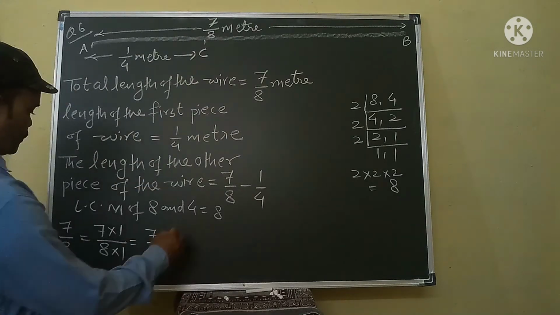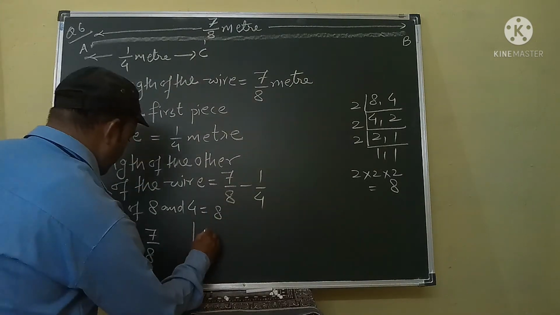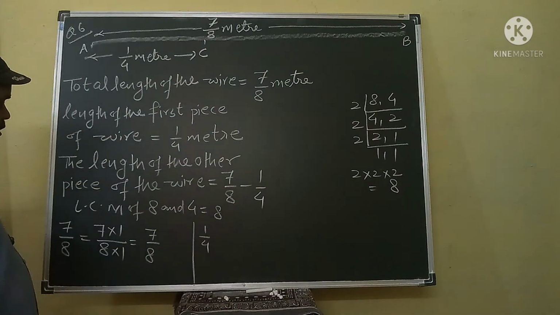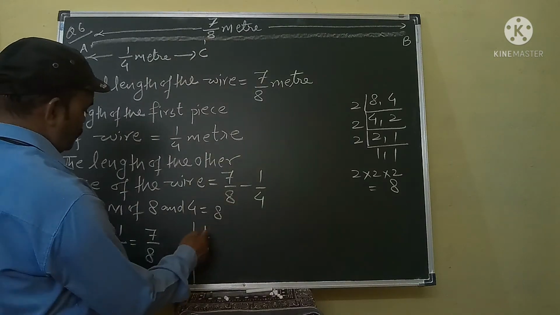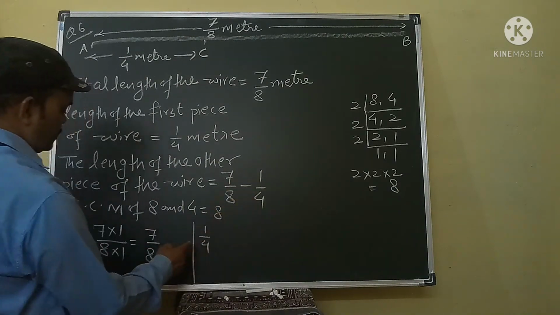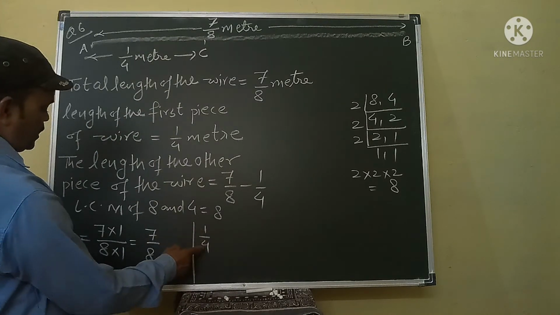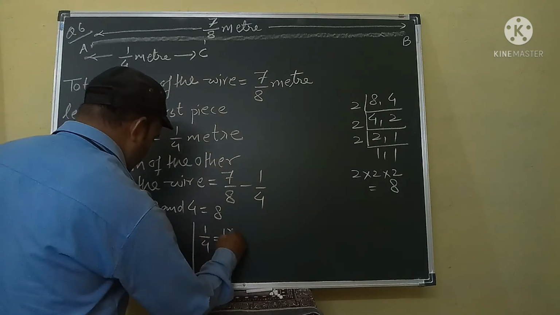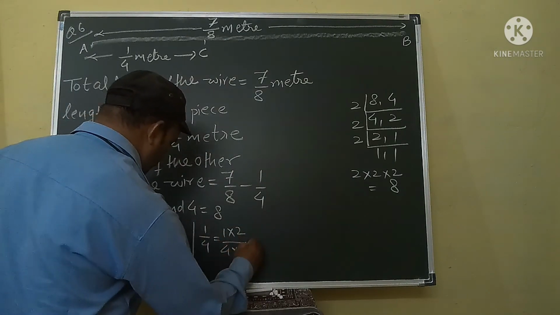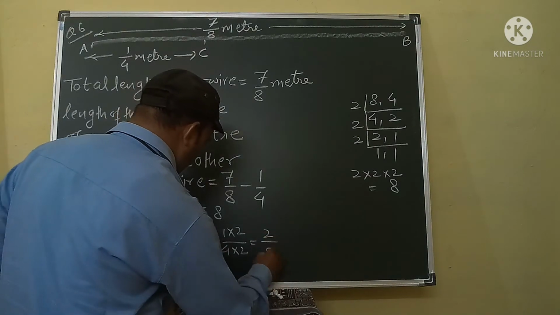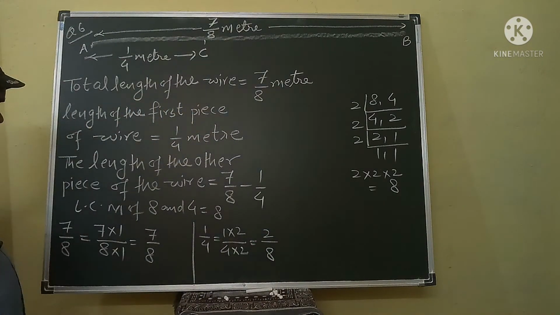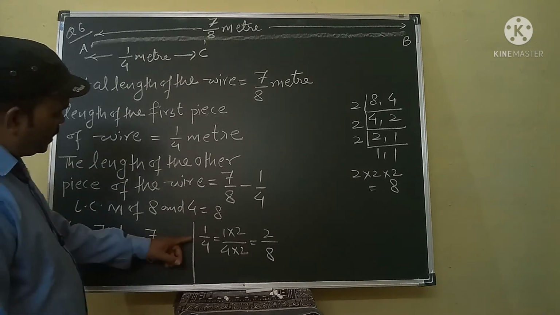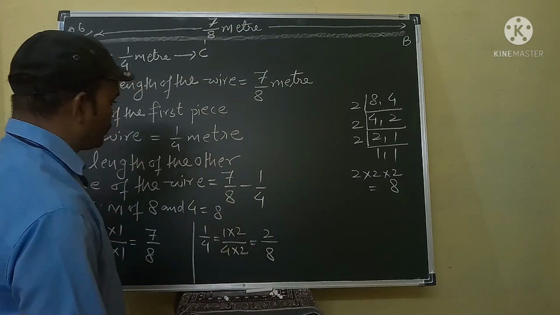This is 1 upon 4, and 4 we will convert to 8. So multiply numerator and denominator by 2. 1 into 2 upon 4 into 2. 2 ones are 2, 2 fours are 8. So 7 upon 8 remains 7 upon 8 and 1 upon 4 becomes 2 upon 8.